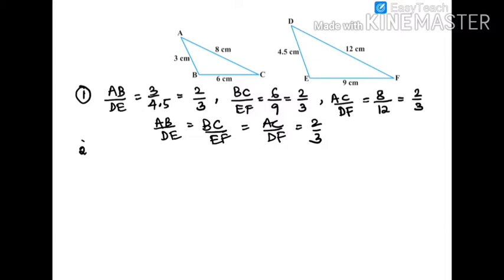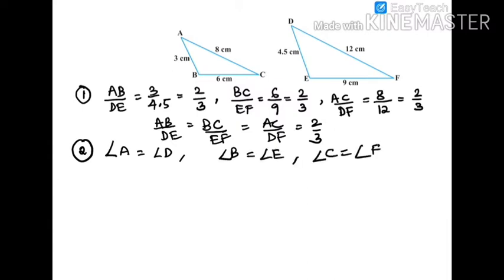On measurement, you will find that their corresponding angles will also be equal. Angle A will be equal to D, angle B will be equal to E, angle C will be equal to F. This is by measurement.